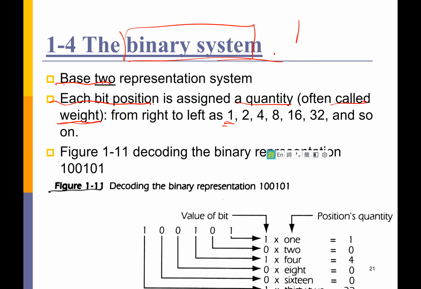The first digit's weight is 1, then the next is 1 multiplied by 2, which is 2, then 2 multiplied by 2 becomes 4, 4 multiplied by 2 becomes 8, 8 multiplied by 2 becomes 16, then 32, and so on.